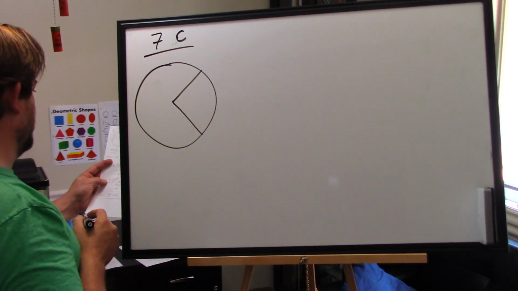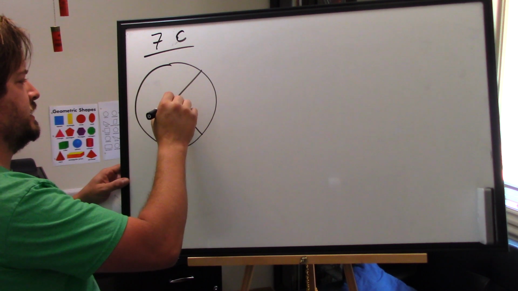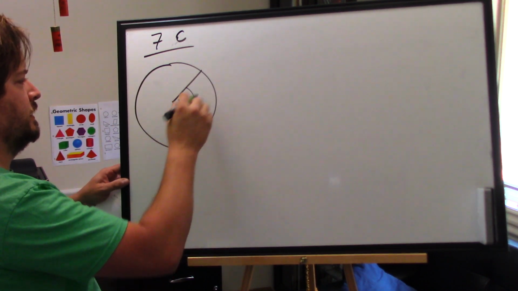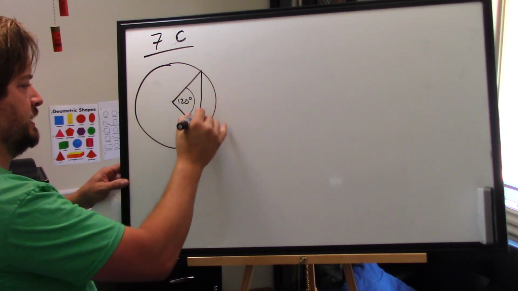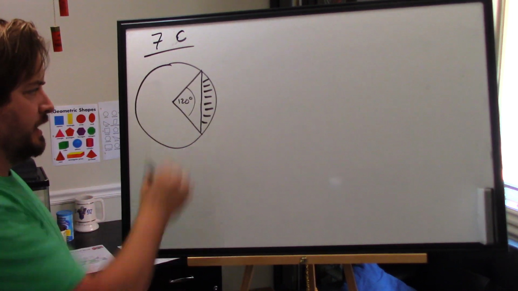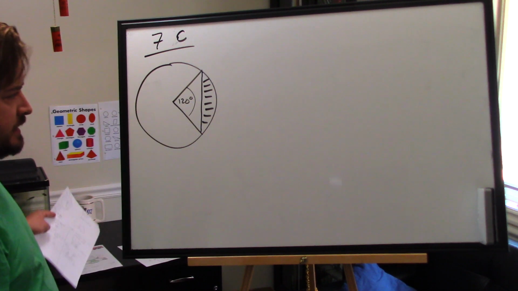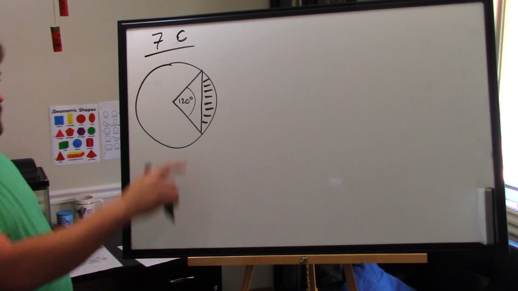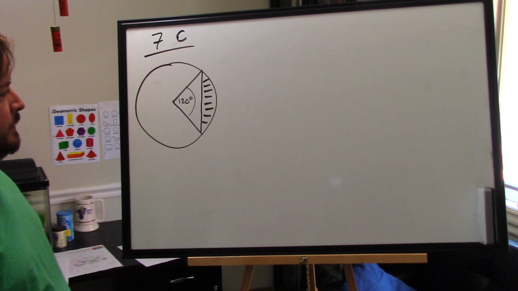In fact, we're given that angle is 120 degrees. And then the shaded region is outside the triangle created by the secant line that goes through, bisecting the radii of this triangle.